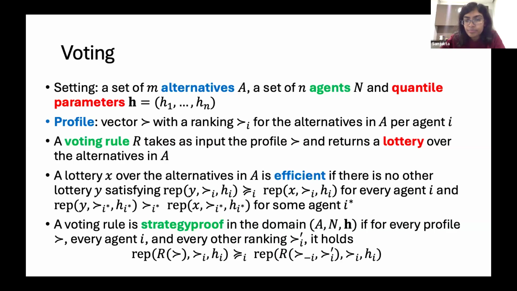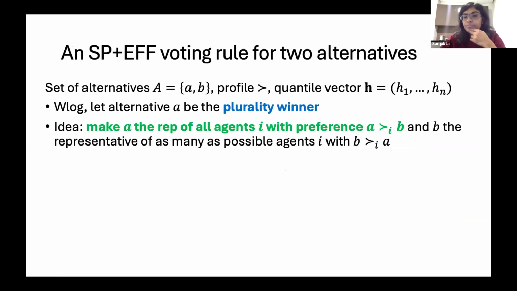Before I go into the particular quantile vectors and what results we are getting there, we define strategyproofness. Given a domain, which is the set of alternatives, the set of agents and the quantile vector, if for every profile and every agent i, it holds that i cannot lie and get a better representative, then we will say that this is strategyproof.